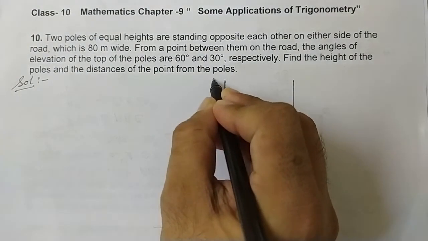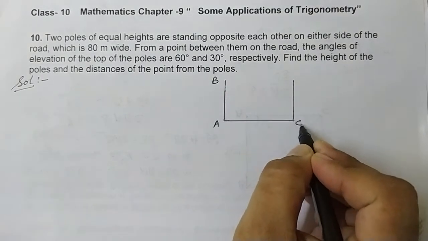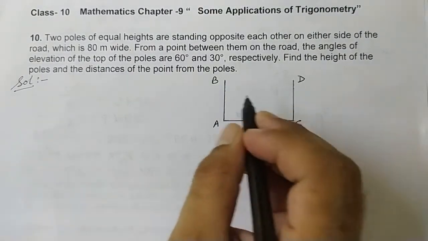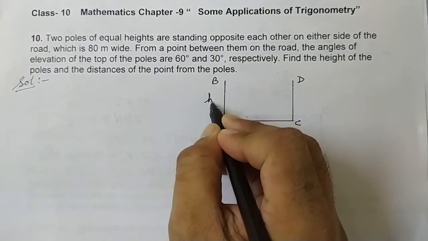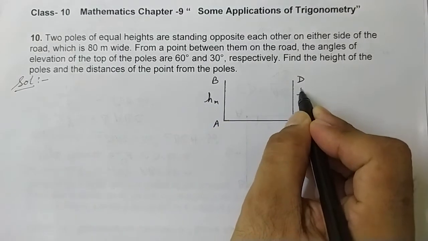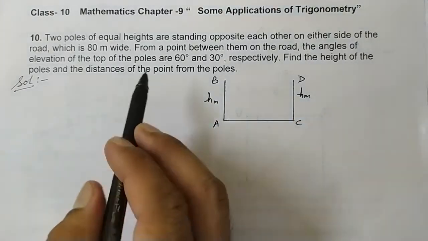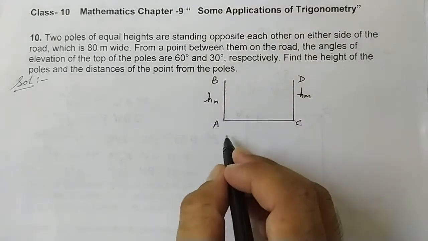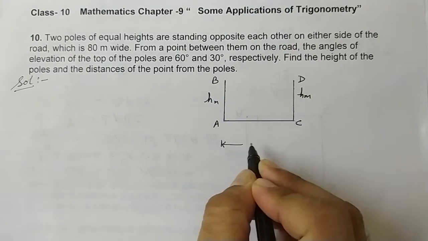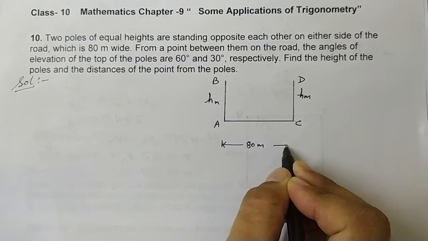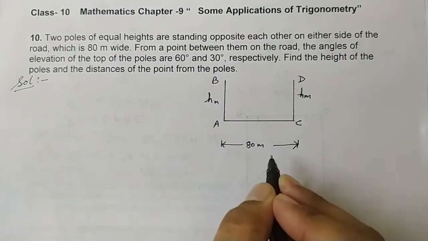Suppose the first pole is AB and the second pole is CD, and let their heights be h meter each. Now it is said that the road is 80 meter wide. AC is the road which is 80 meter wide.